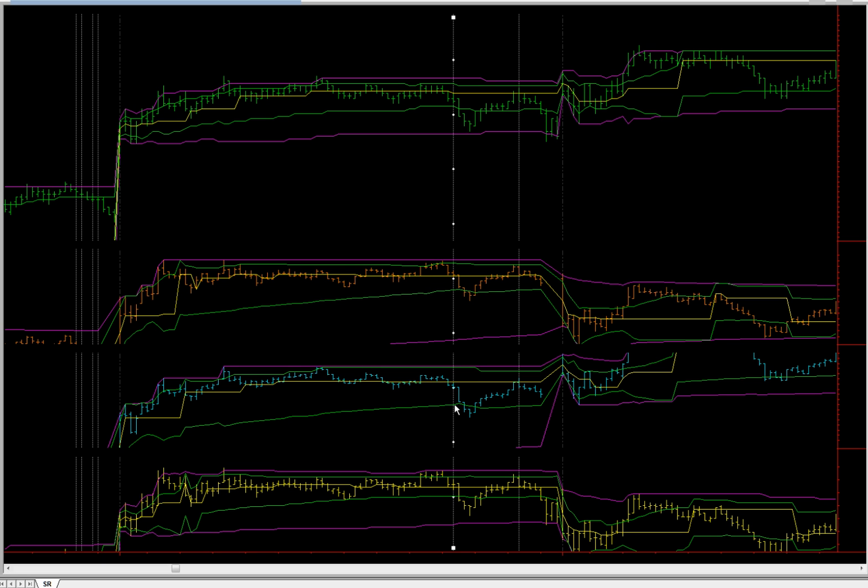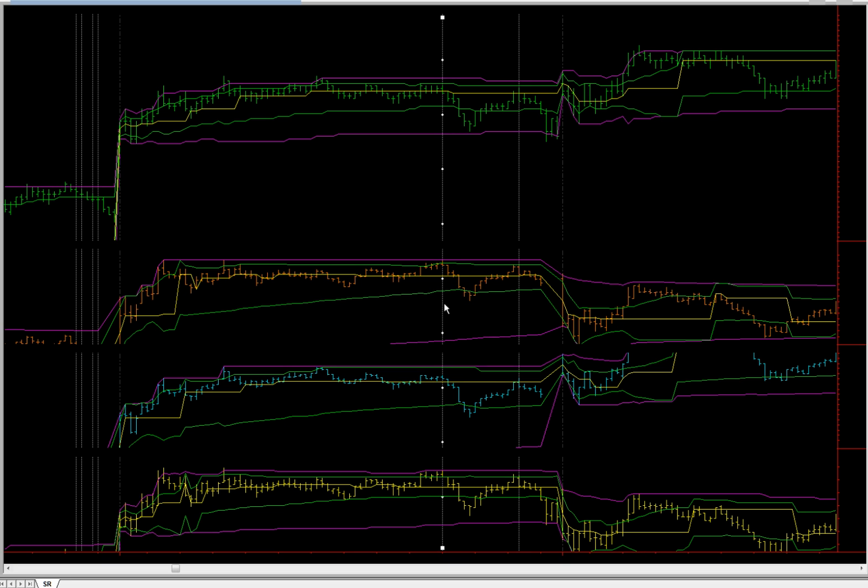We find resistance at that level, right there, and we find resistance on this graph as well. So the failure to make a new high here seems to be a very compelling reason also why we fail to make it any higher, and in fact short.